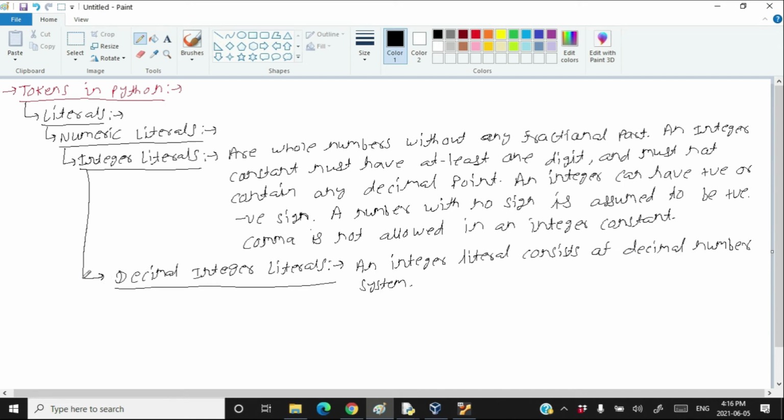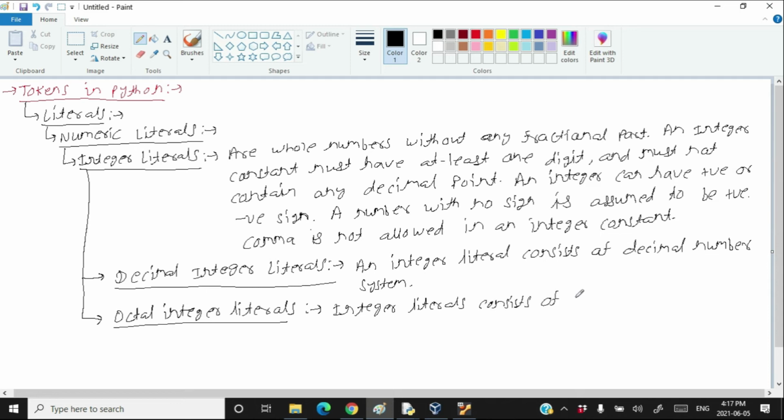After that you have octal integer literals. It means the integer literals consist of the octal number system. But how are you going to denote an integer literal as octal? How will you specify it?